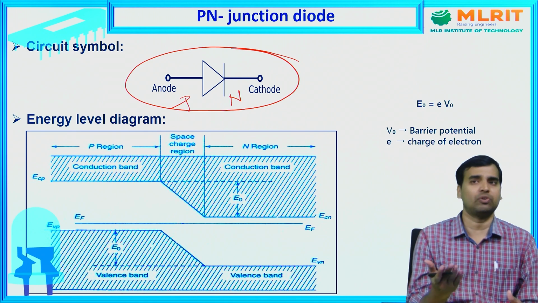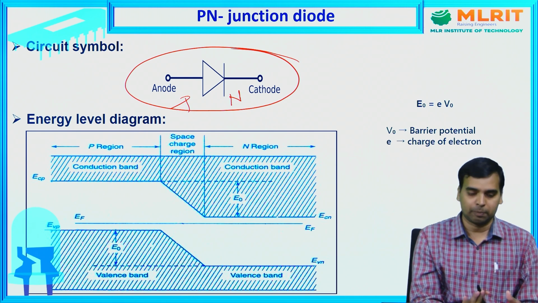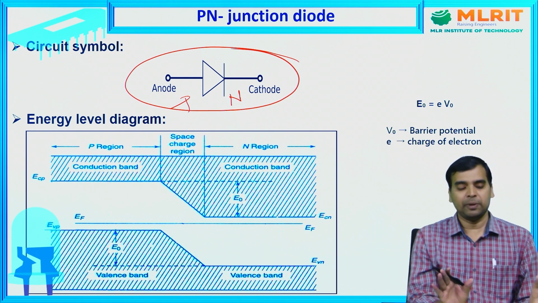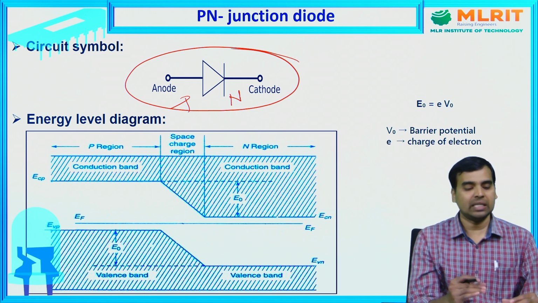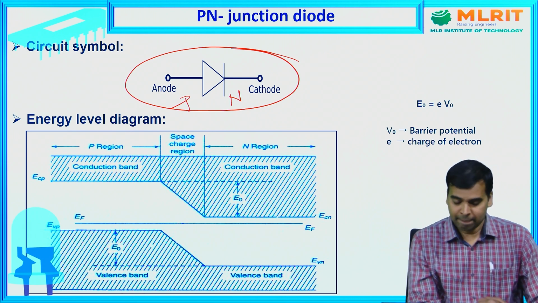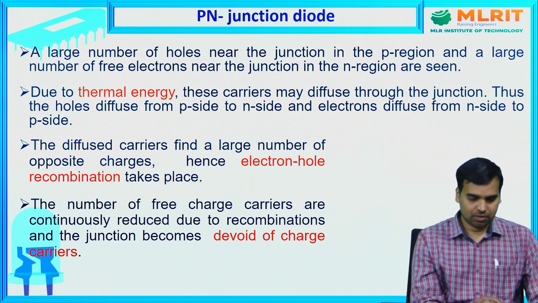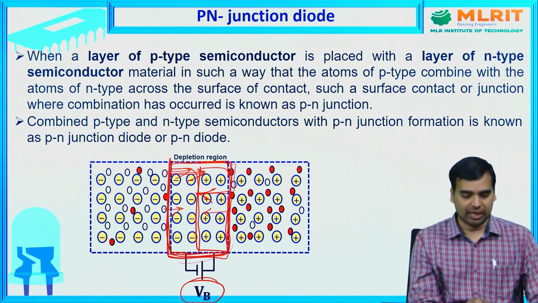In that region there aren't any free charge carriers, but there will be immovable ions. Due to those ions, some potential will be developed. That's why whenever the p-n junction layer is formed, the energy level diagram also changes. How that energy level diagram changes, here you can see these are individual p-type and n-type semiconductor energy level diagrams.